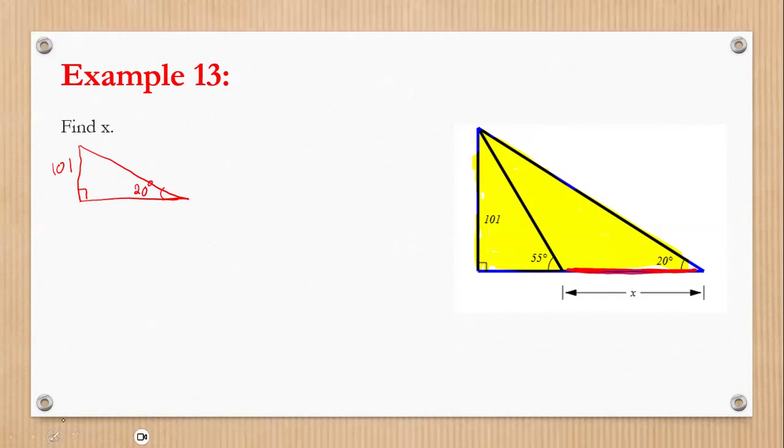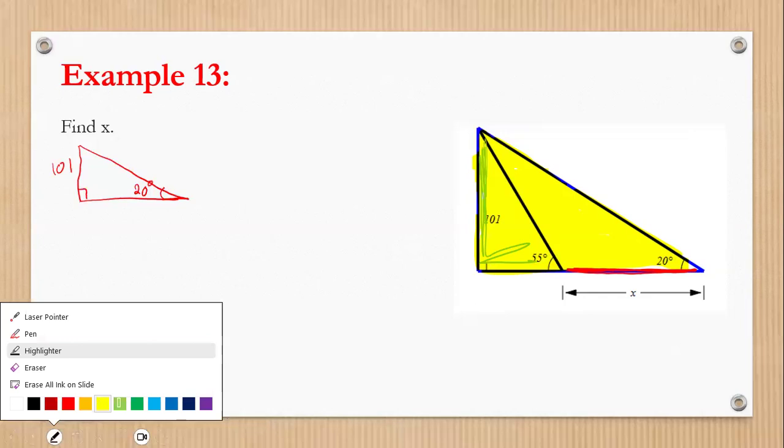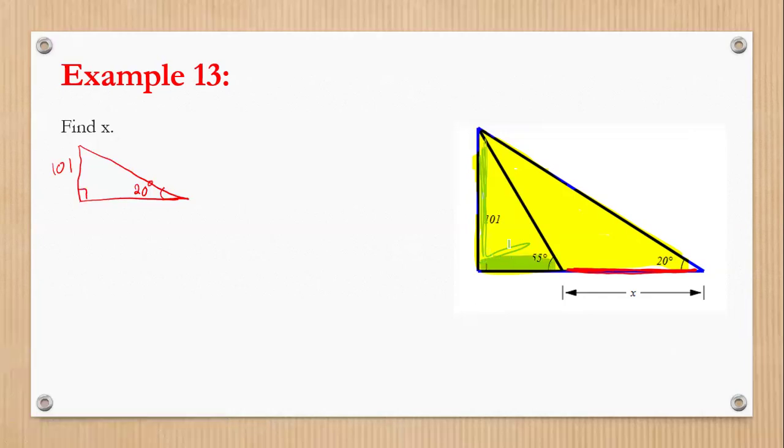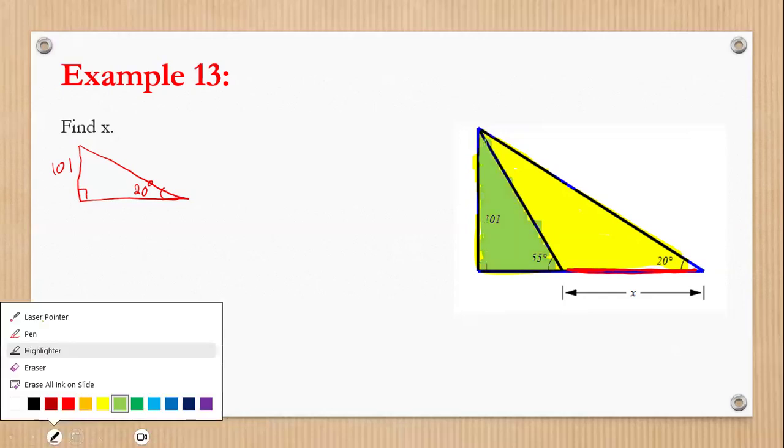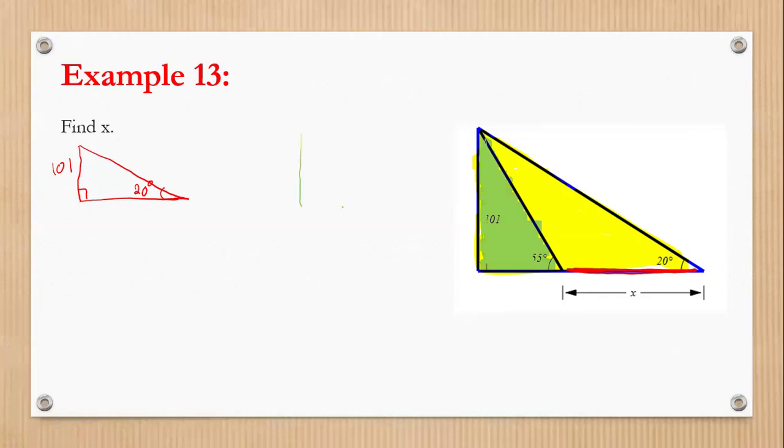And I also have another right triangle, which has this side 101 and this angle 55 degrees.